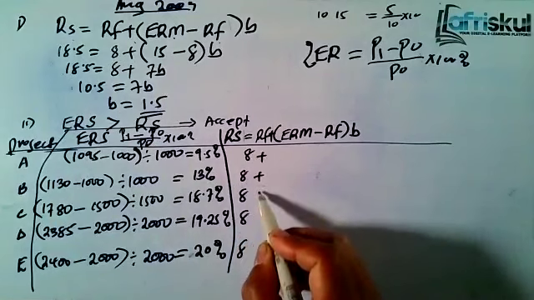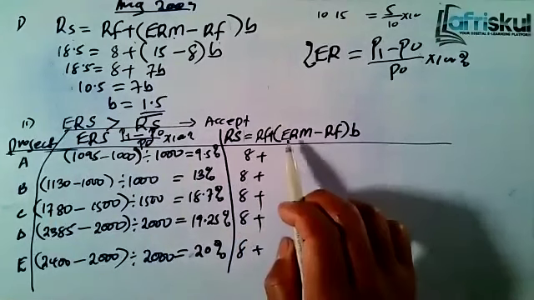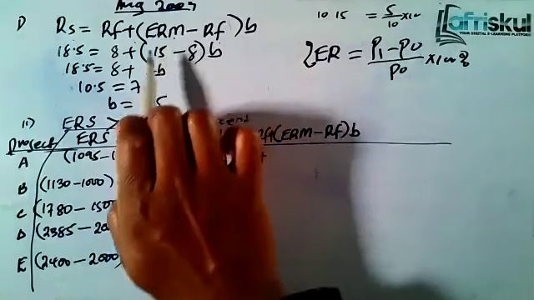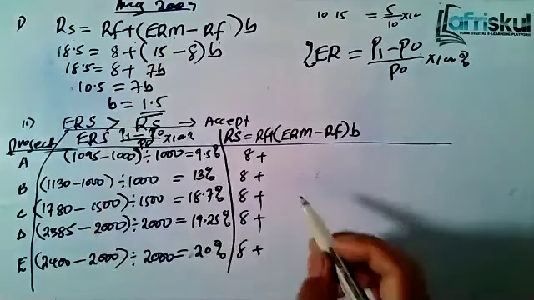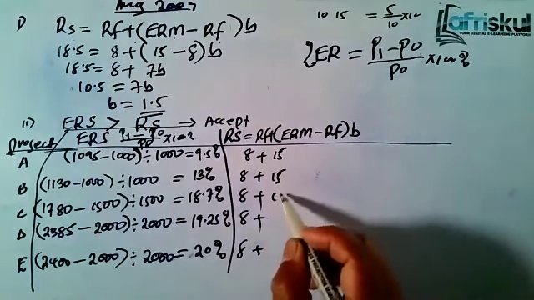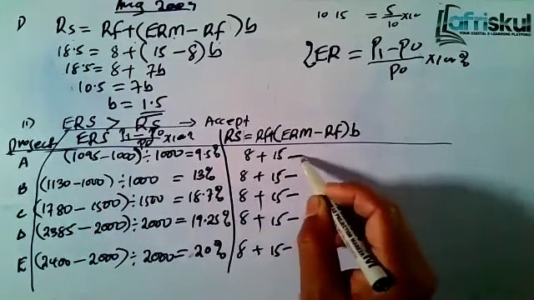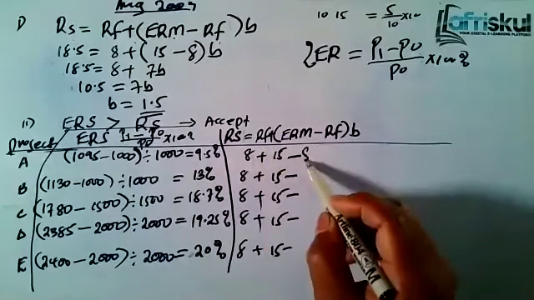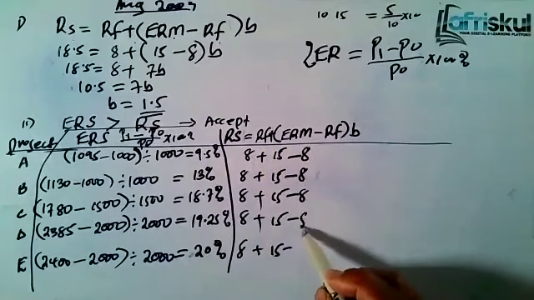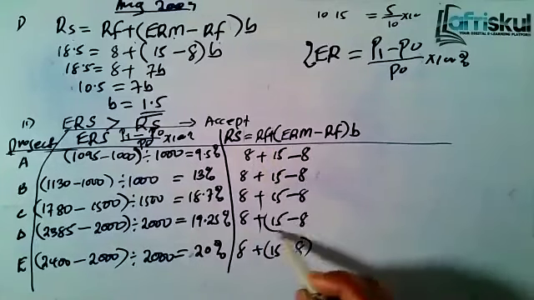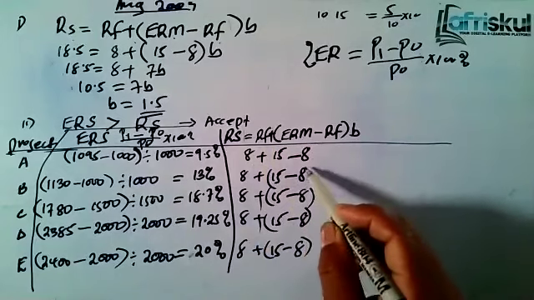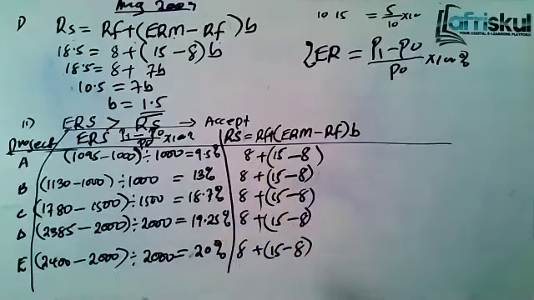Then you add the expected return on the market, which for this was 15. So you take 15, then deduct the risk-free rate, which was also 8. Then you multiply by the beta.